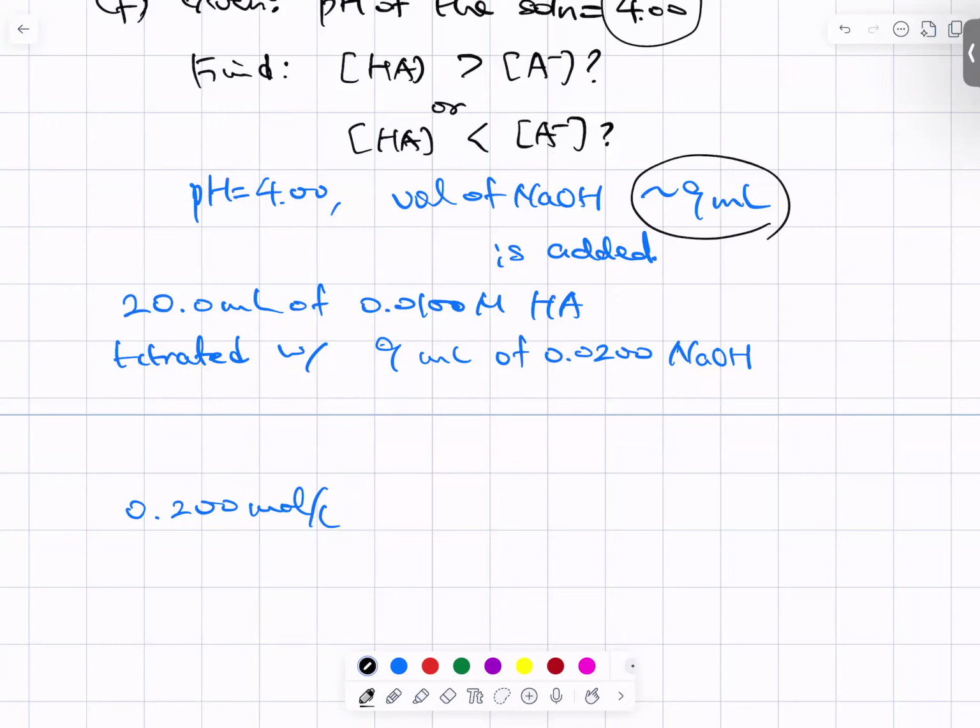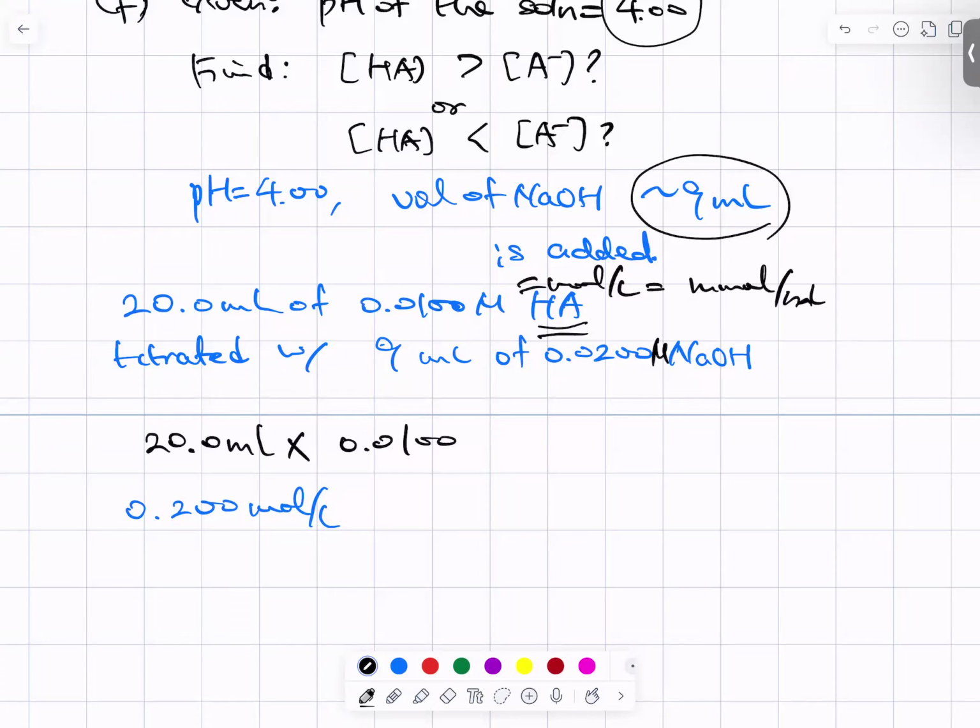So we had initially 20 mL of 0.01 molarity salicylic acid. I wrote as HA, as monoprotic acid, and titrate with 9 mL of 0.02 molarity sodium hydroxide. So let's calculate the mole number. First, initially we have 20.0 mL and 0.0100 molarity, moles per liter, and this is same as millimoles per milliliter.